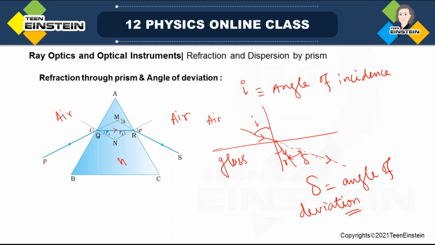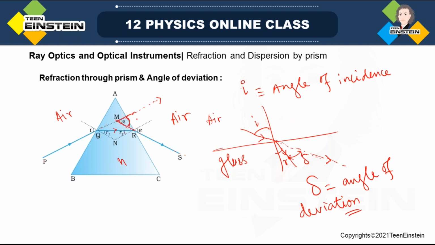You can see here, this is a PQ ray. If you extrapolate it, it will go up like this. This is the direction of the incident ray. Now, what is the direction of the refracted ray? This is the refracted ray or emergent ray, ES. If I trace it back, it is meeting over here.